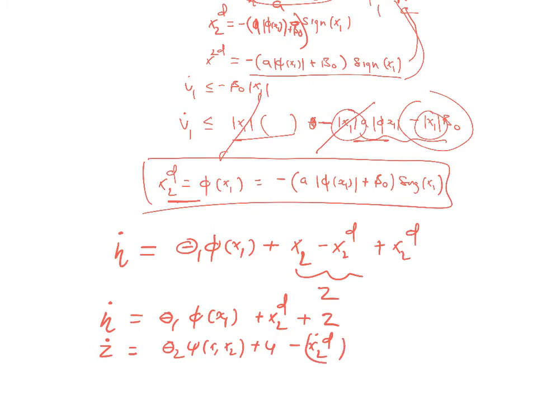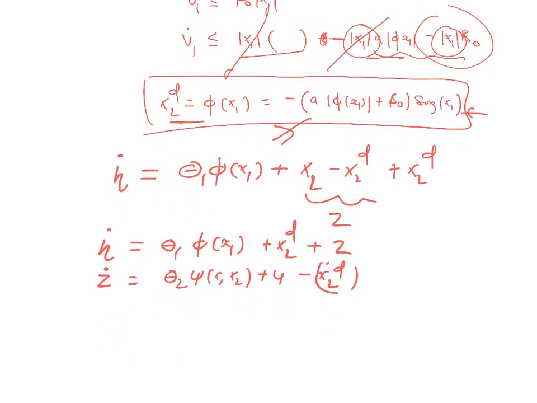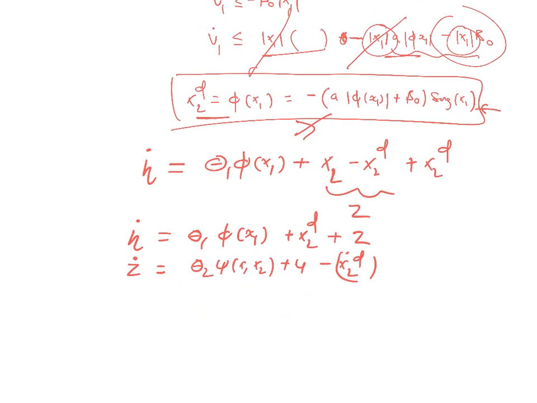Let's keep it that way, because x2 desired is this, and taking a time differentiation, you will have to either use some dirty differentiation technique to compute it, because of the non-linearity it might not be differentiable at x1 equals 0, and so you will have to estimate this x2 desired rate. You can have an upper bound for it, so not a problem. For now, let's just keep it as x2 dot desired, which you can compute. When we do actual problems, we'll find out how that can be done. So that's your new problem.